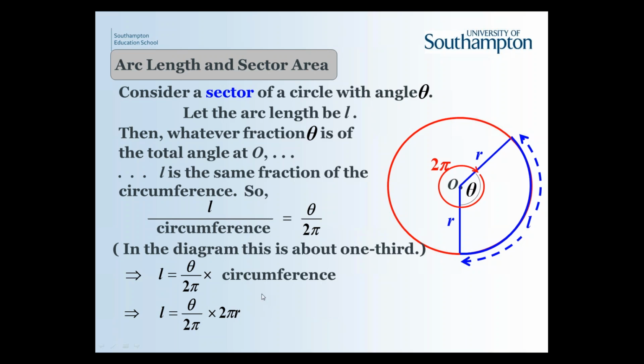Now, because we've repeated the 2 pi, we can just cancel the 2 pi, and it gives us a really nice, simple formula for the arc length. The arc length is always just going to be theta times the radius. So, in fact, it's exactly what you were just saying, Wayne. This actually is a formula. I think that we would normally think of it the other way, like we have here.